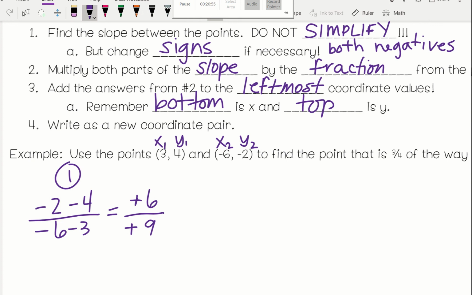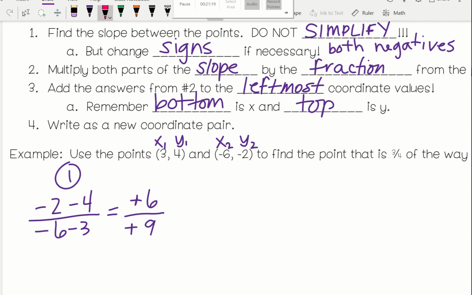Is that the only reason, we just don't feel like dealing with negatives? No, because if it had been negative 6 over positive 9, then I would have left negative 6. But for this one, you're really looking for the absolute value every time because it's distance.